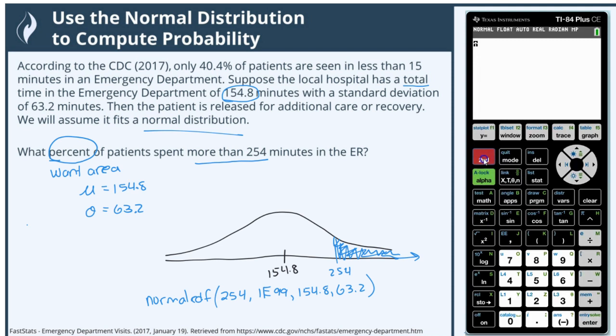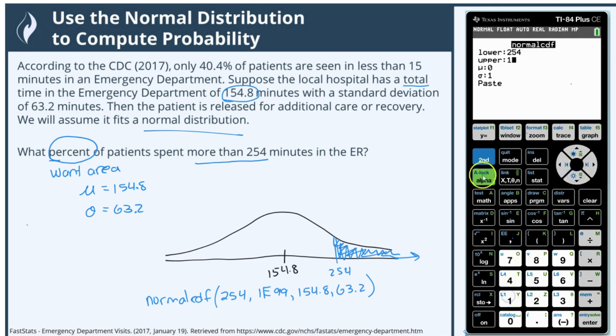So let's look over here. We're going to find normal CDF when we do second vars, and you'll find normal CDF number 2. And like I said, not all of you have this lower upper process, so you have to know the order in which to put it.